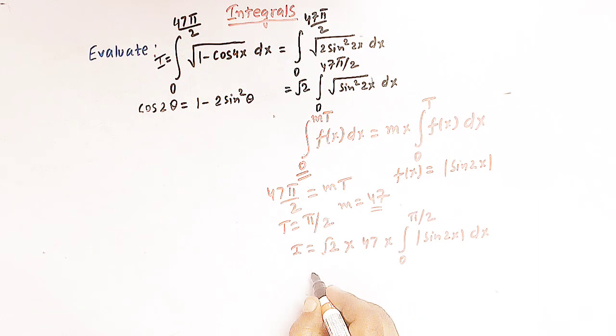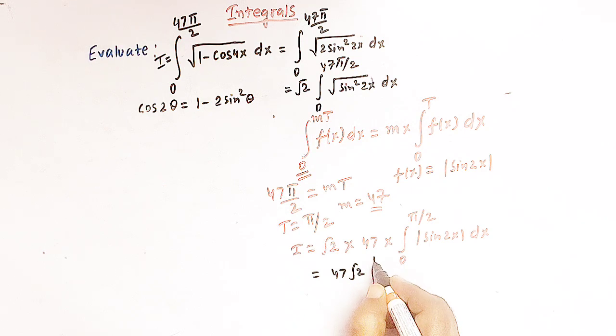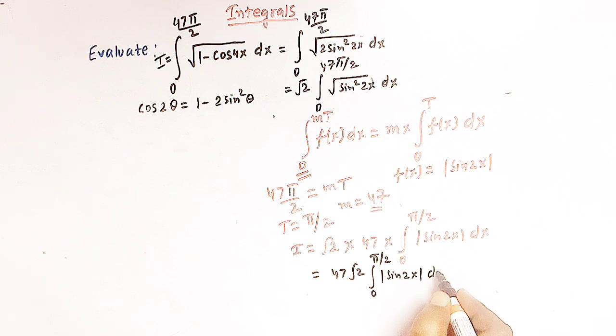So now the value of I is 47 root 2 times the integral from 0 to pi by 2 of mod sine 2x dx. Now we have to find out the value of this integral. The limits of integration vary from 0 to pi by 2, and here we have mod of sine 2x. So let us see the concept of sign convention of trigonometric functions in 4 quadrants.